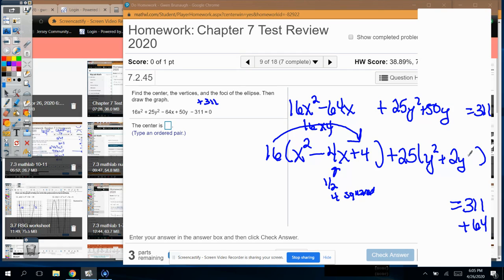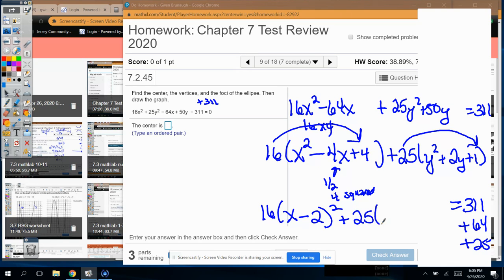Half of 2 is 1. 1 squared is 1, but I take 25 times 1, which is 25, and I add it to the 311. So I have 16 times X minus 2 squared plus 25 times Y plus 1 squared. Those numbers come from having that and having the 4. And then you take 311 plus 64 plus 25, which is 400.